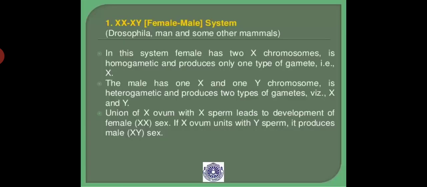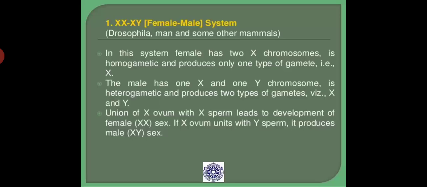Now the first one, XX-XY, the female-male system, is seen in Drosophila, man, and some other mammals. In this system, the female has two X chromosomes, which in man is said to be homogametic, as it produces only one type of gamete, that is every gamete has a sex chromosome of X type.